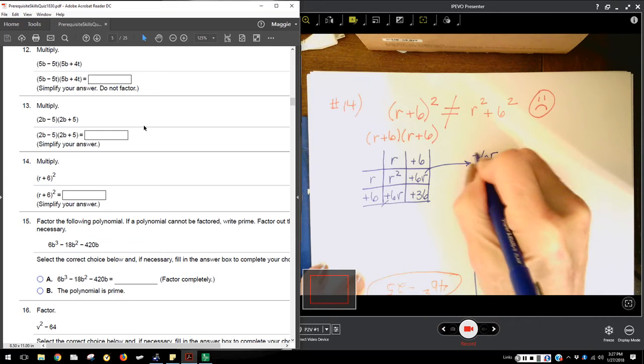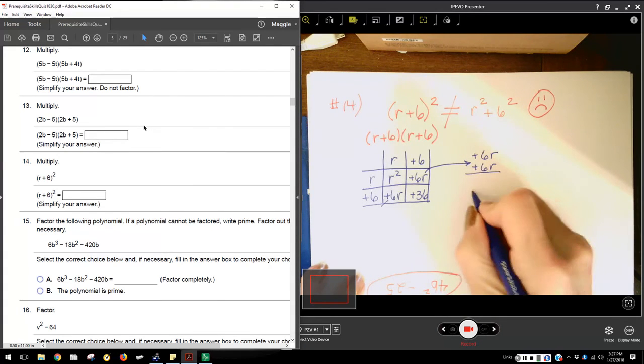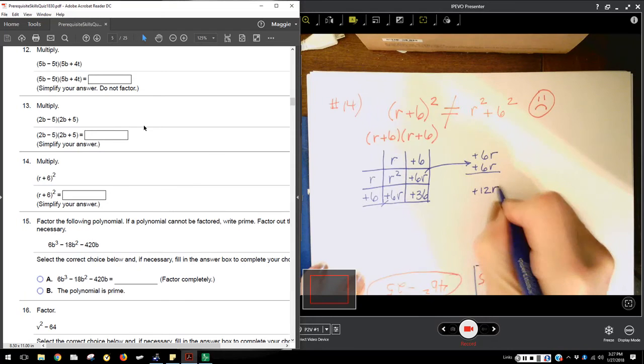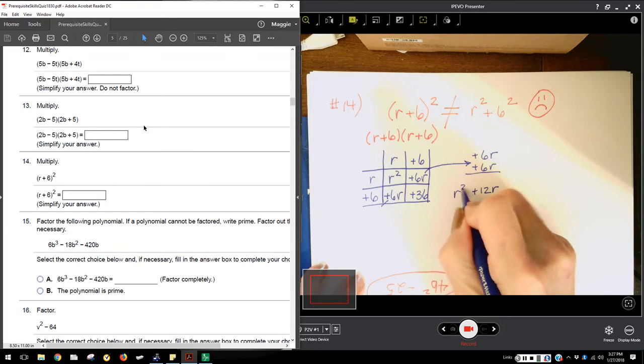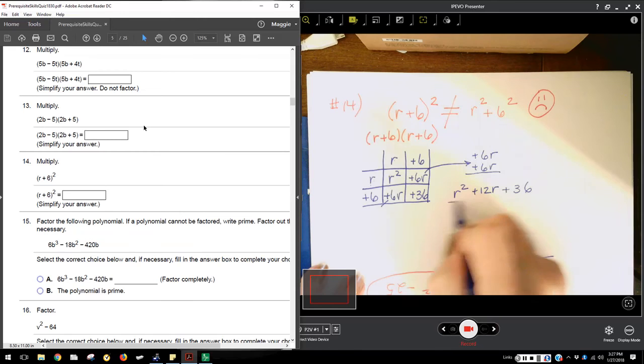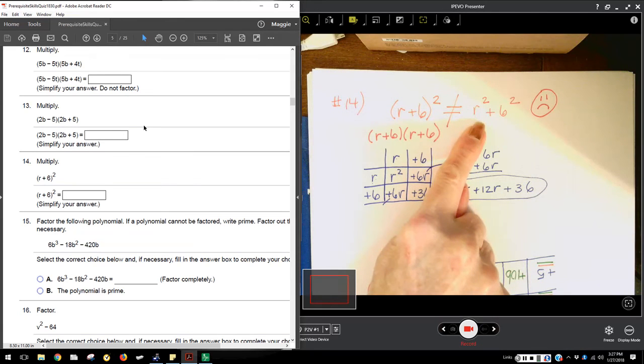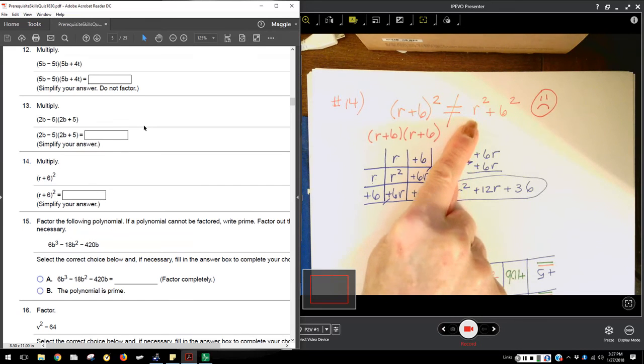Plus 6r plus 6r combine to give us plus 12r. Your first term is r squared. Your last term is 36. That is the correct answer, and that is the correct method. Please don't be the one that tells me that this is true, especially on a quiz or a test. Please commit that to memory right now.